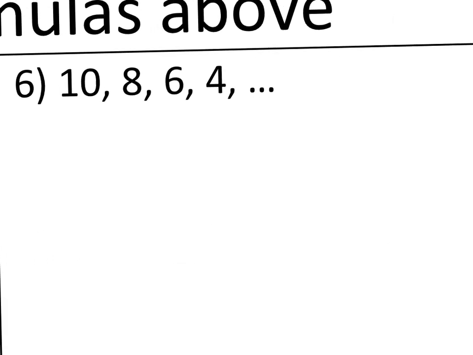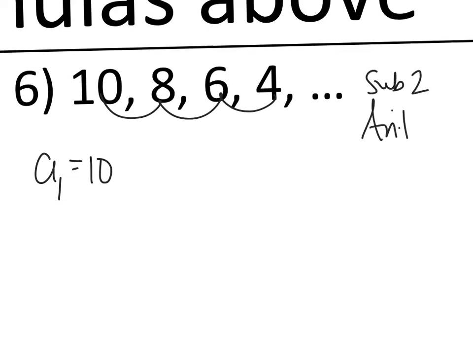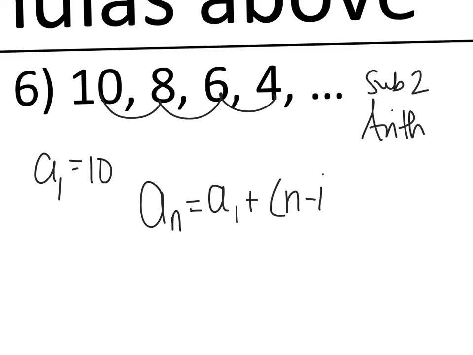Okay, so over here, number 6, A1 is 10. And how do I get from one number to the next? I subtract 2. So I know this is arithmetic. Here's my formula. And no, we're not memorizing it. So we need a few more things here, and there's a little bit of work because we have to distribute. So n is going to stay n because we're looking for a formula, but d in this case was -2 because we said we were subtracting 2.